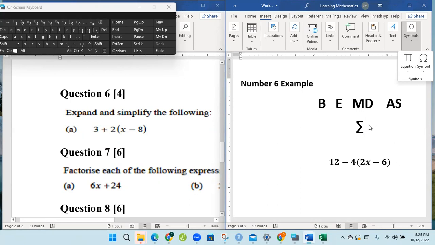So since subtract and sum, remember sum is add, start with the same S, we can use sigma for sum because sigma is for sum. In mathematics language, whenever you see the sign, you have to sum. You have to add. This is the international mathematical symbol for sum, to add. And I use the S for subtract.